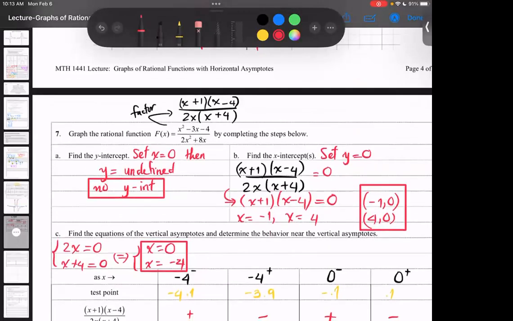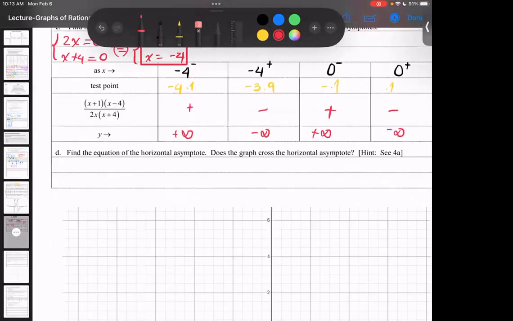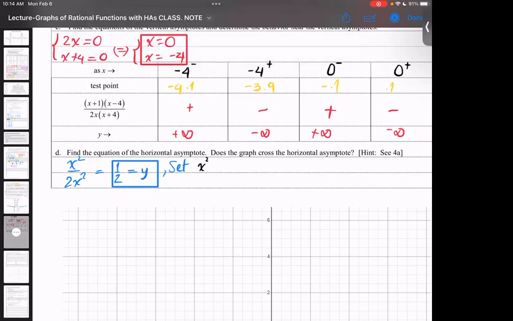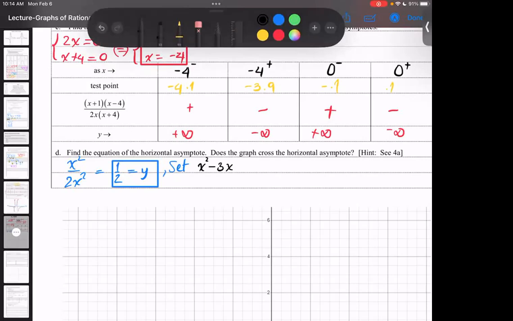Yeah, the 1/2, right? So x squared divided by 2x squared equals 1/2, that would be your y. And the next step, you're gonna set the whole original function, which is x squared minus 3x minus 4 divided by 2x squared plus 8x, equal to 1/2.